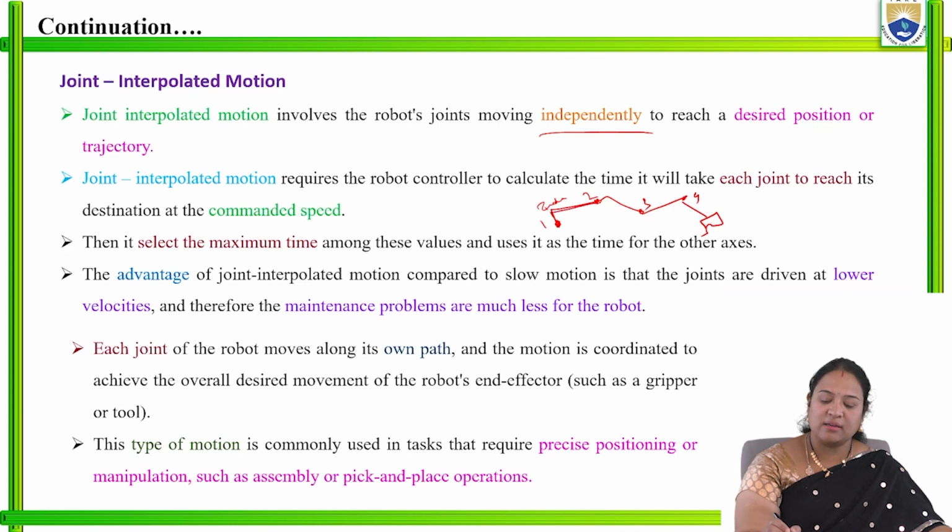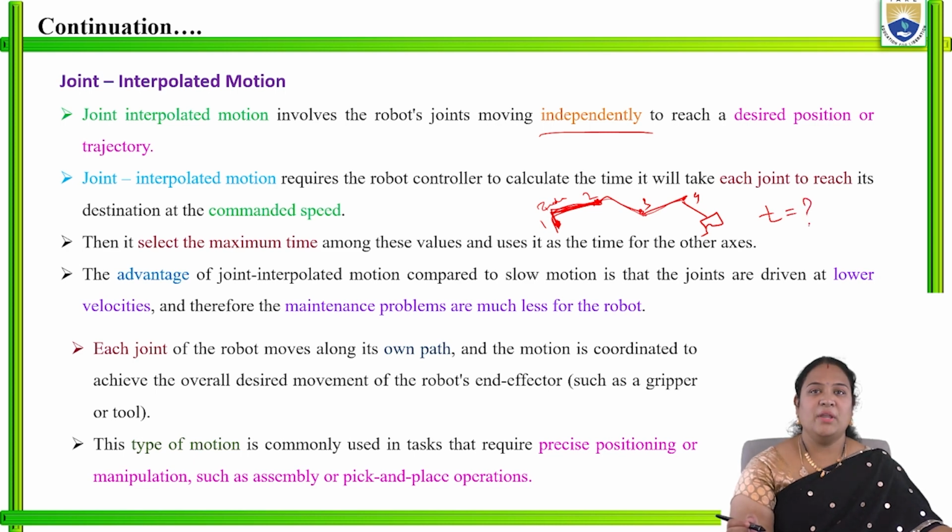So this time calculation will be considered. From one joint to the other, the time calculation should be done. The maximum time acquired will be taken and can be used for the other axes, right? For the other axes we can use the same maximum time.